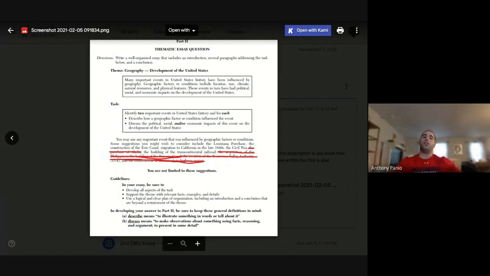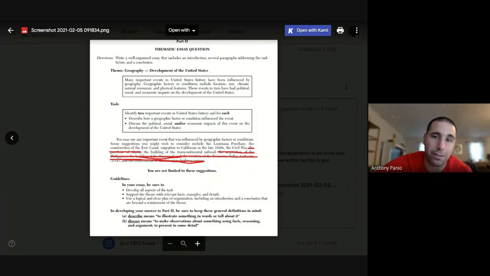Okay, so take a look at what your task is. Your task is you want to identify two important events in United States history, and for each, you want to do two things. Now, this is the first time you've gotten an essay where you don't have to do the historical circumstances. It doesn't say identify and analyze the historical circumstances surrounding these two events. But look at the bullet point.